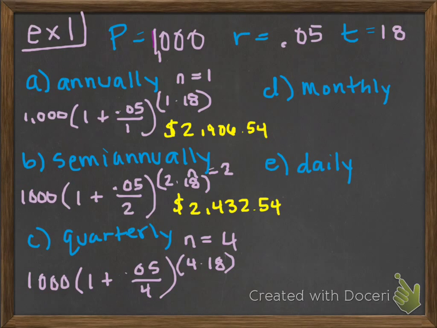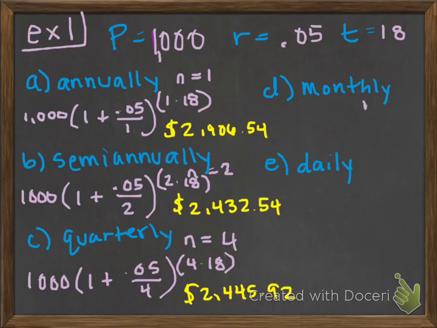Again, if you're not using a nice calculator, you would do 0.05 divided by 4, add 1, raise that to the 4 times 18 power, and then multiply it by 1,000. Final answer should be 2,445.92.